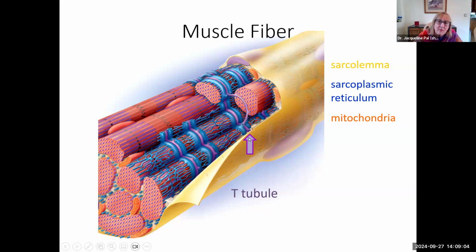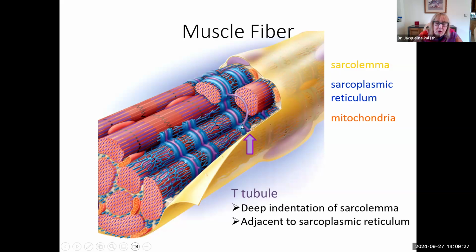And so it's bringing part of the sarcolemma to surround each myofibril all the way deep within that myocyte, within that muscle cell. So it's a deep indentation of the sarcolemma, the plasma membrane.